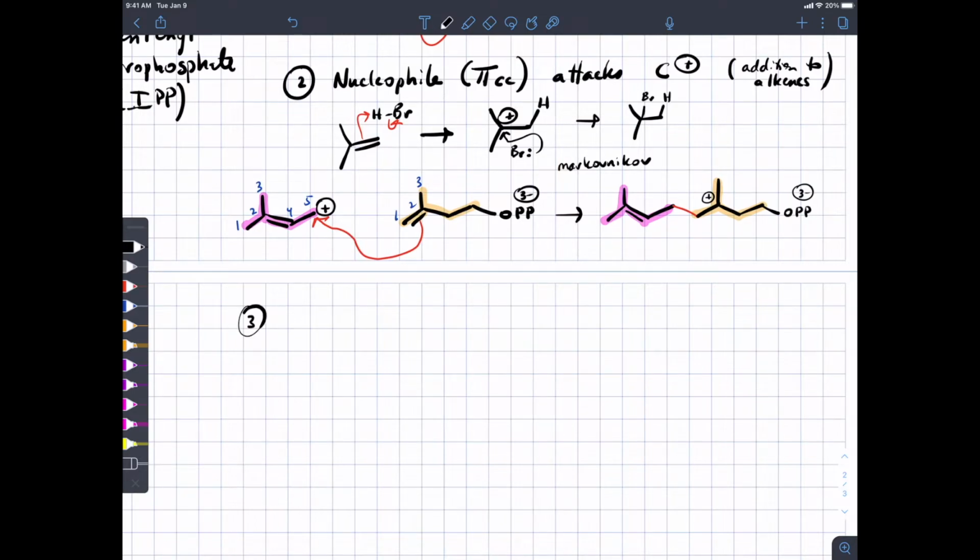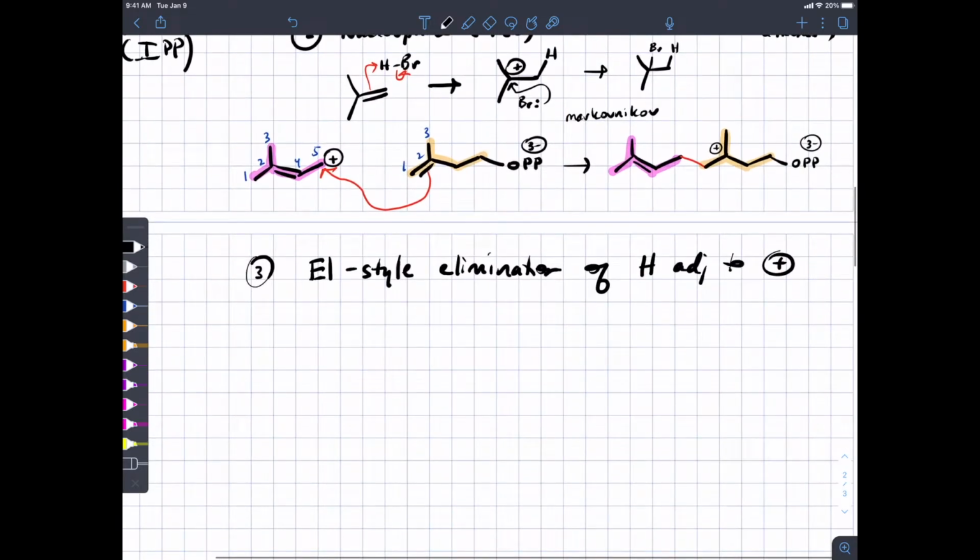Now, let's talk about what happens next, and this is sort of E1 style elimination of a proton adjacent to the positive charge.